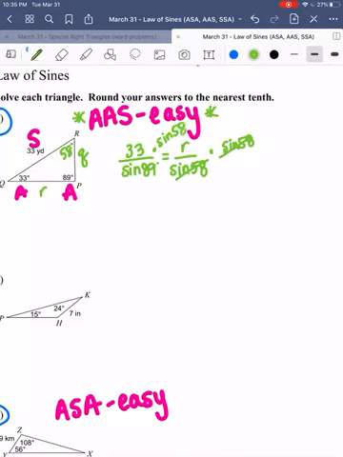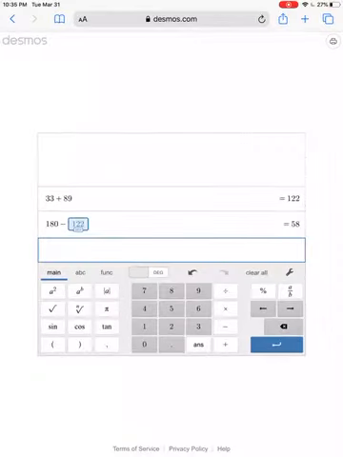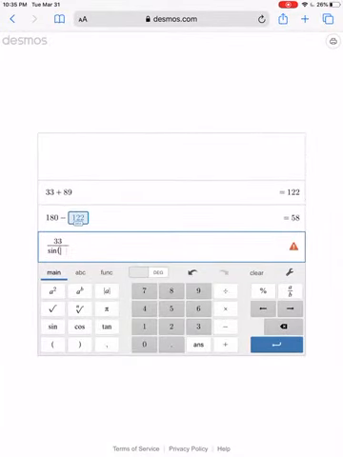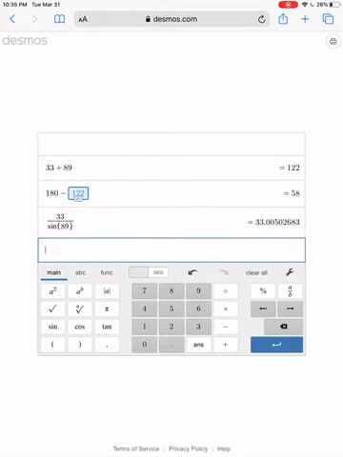Now this is what I need to type in the calculator to figure out what R is. One thing I want y'all to notice is it says to the nearest tenth. Some of you who submitted your homework were rounding to the hundredths. I get it, because that's the way I was teaching it before. So we're going to type in 33 divided by sine 89, then close your parentheses and hit enter.